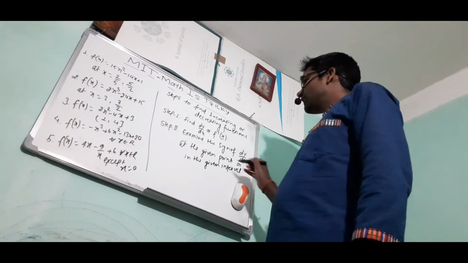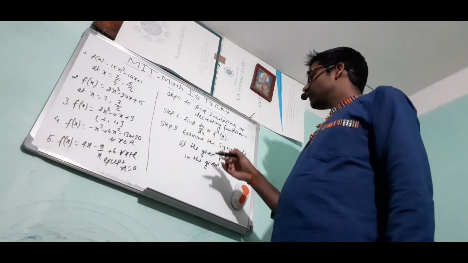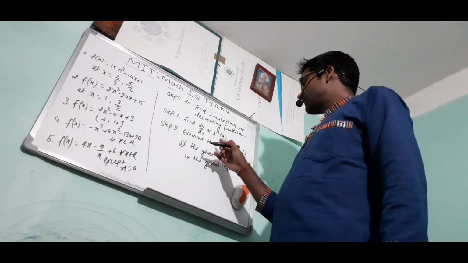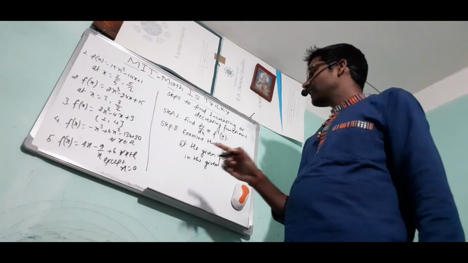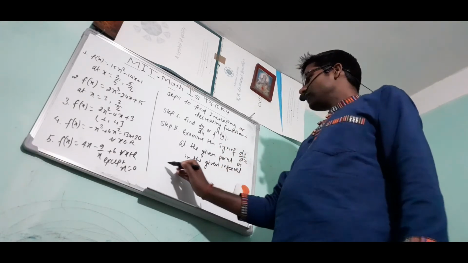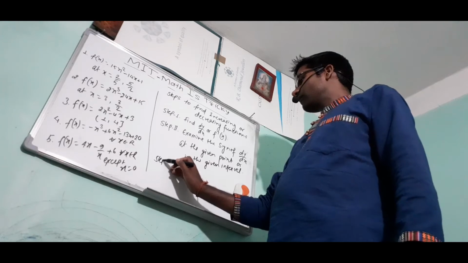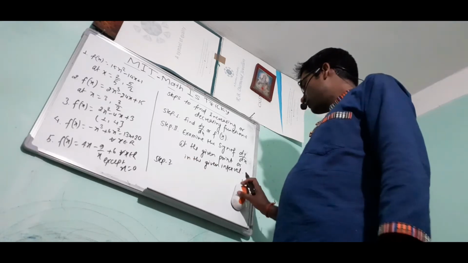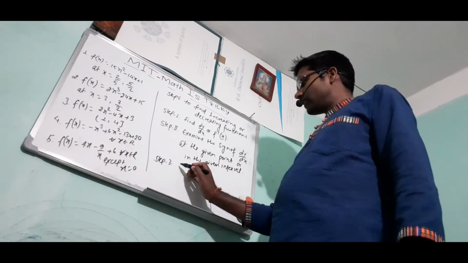Okay, after finding dy by dx, we need to check the sign of dy by dx at the given point or in the given interval. The step 3 is simply make a conclusion.